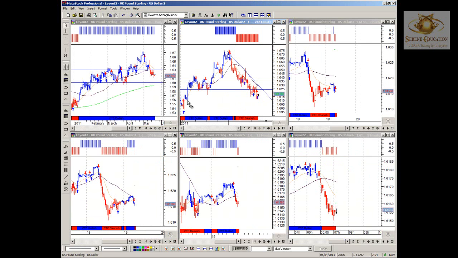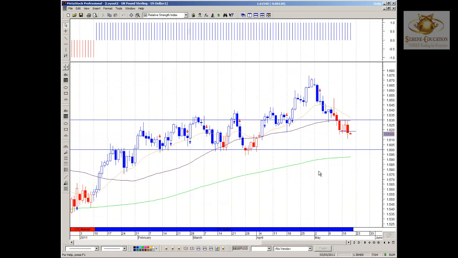So if we look at price, it's got to stay below this line here in order to still be considered bearish. So ideally, if price can stay under the swing here at 1.618. Let's have a look here, 1.618.